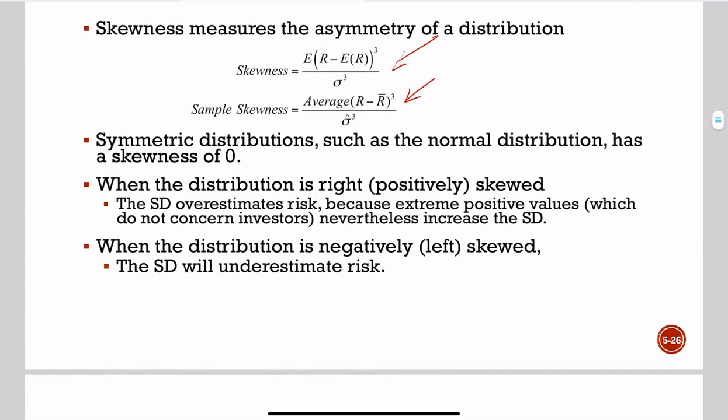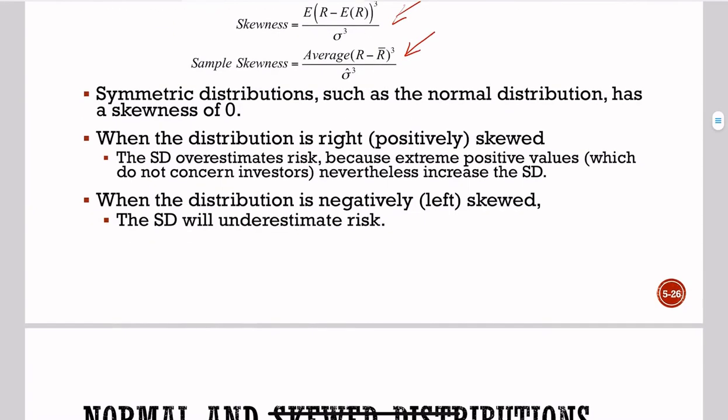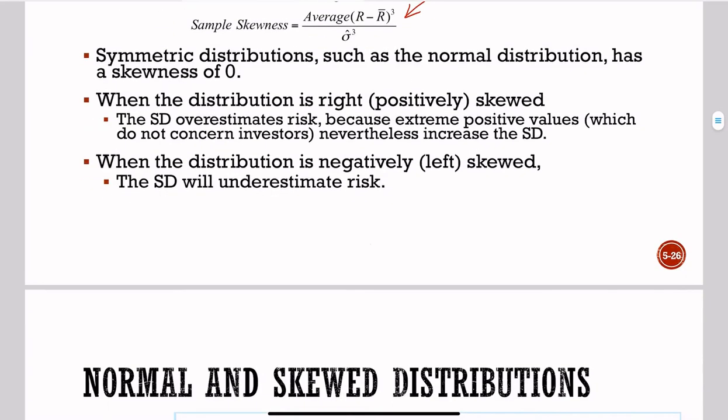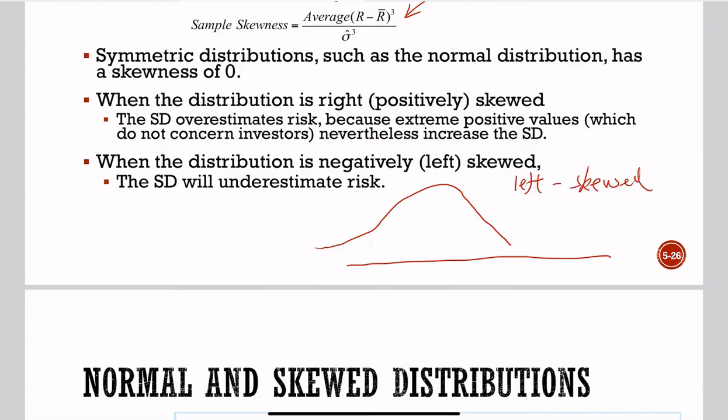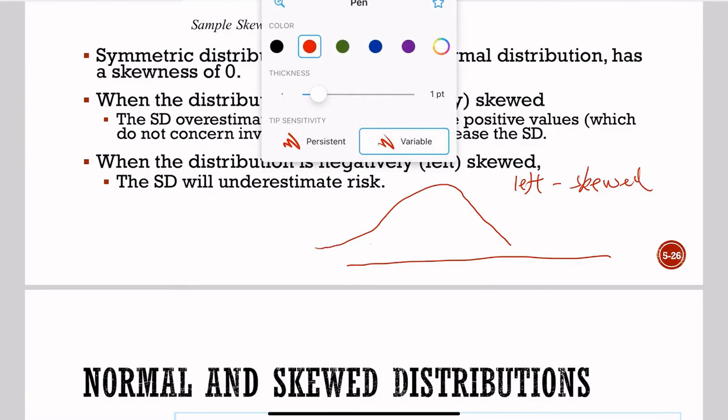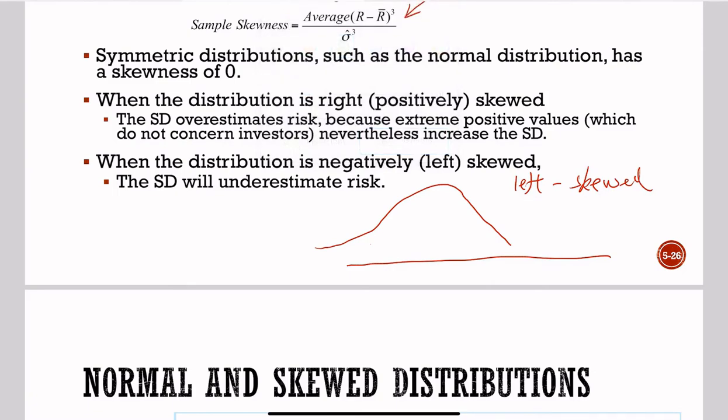And then you could imagine that there are some distributions, or the distribution from realized returns, that would possibly look like this, right? In this case, we say it is left skewed. And you can see why this is called left skewed. The reason is because this is the skew here. The skew is on the left.